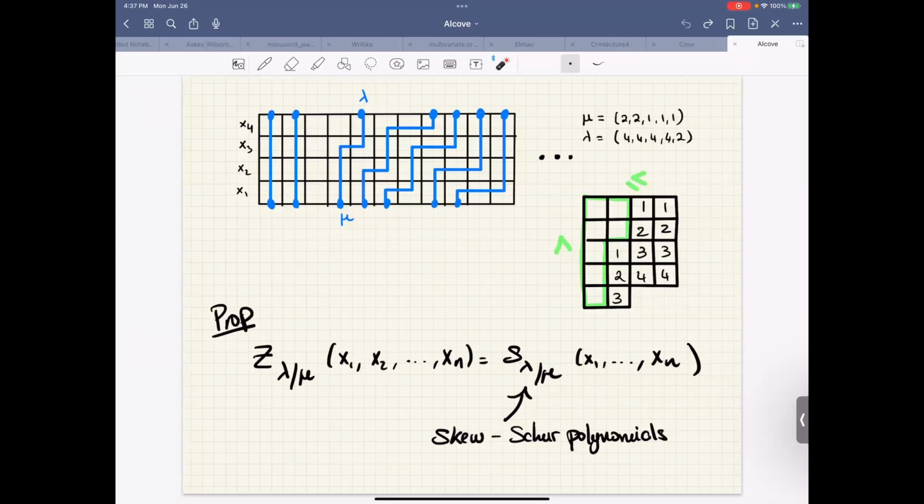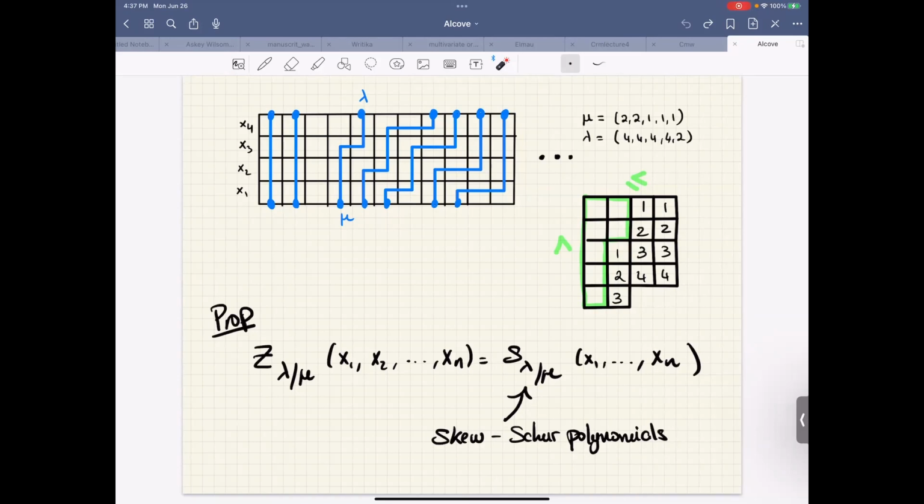And one way to see that is just to see a simple bijection between these vertex configurations and a skew semi-standard Young tableau. So you can see that, for example, I have three paths exiting in row 1, and I have exactly three ones in my semi-standard Young tableau, and so it's an easy bijection to go from this vertex model to the tableau model.